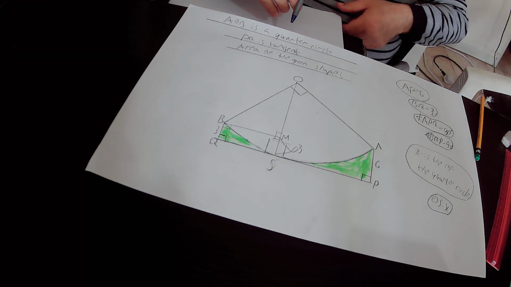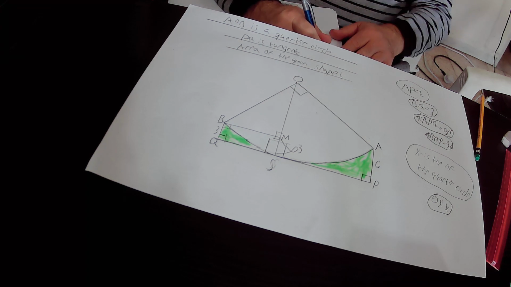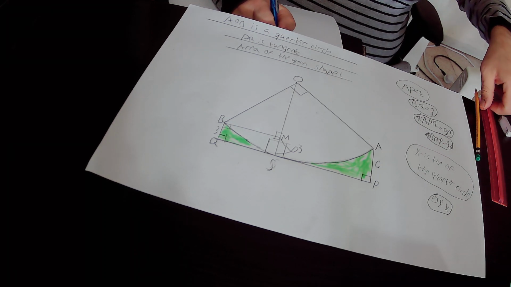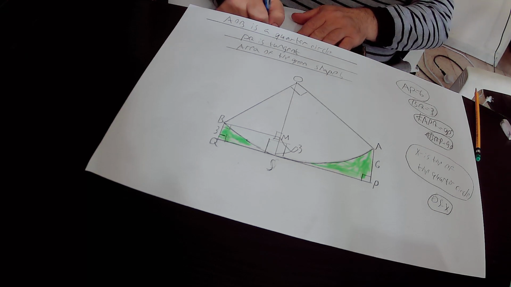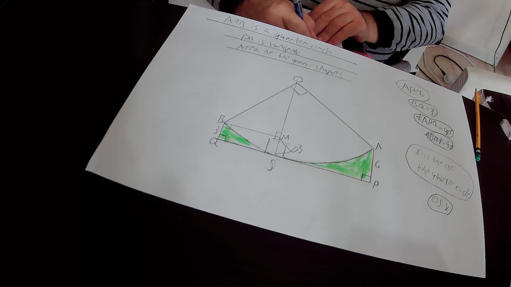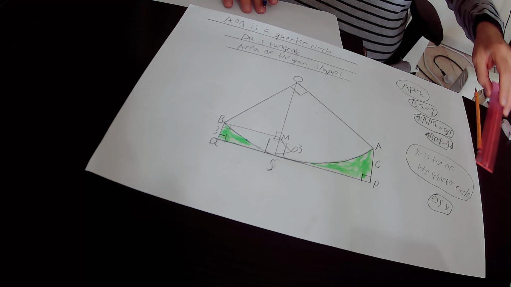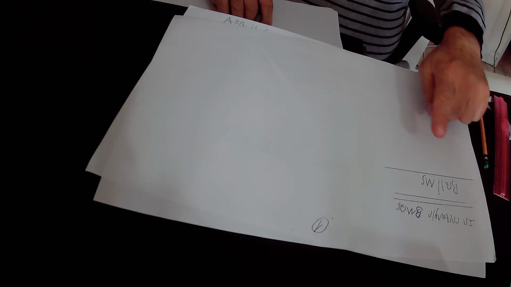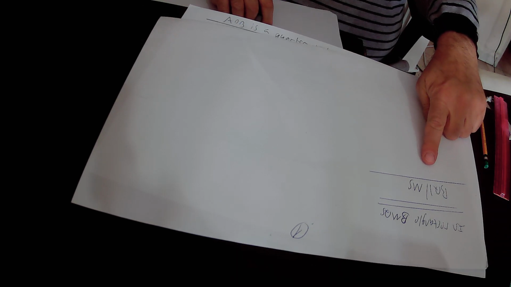In rectangle BMSQ, side BQ must be parallel to the opposite side MS.